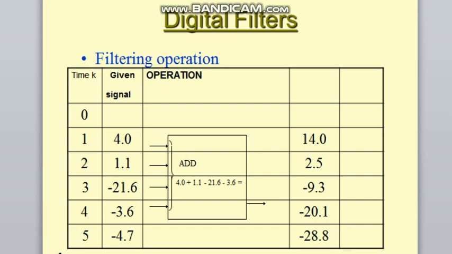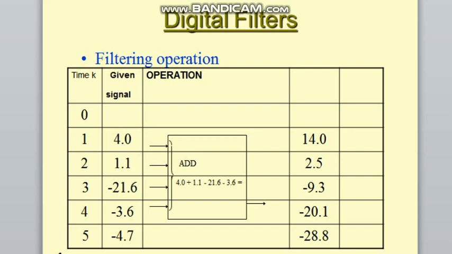So in digital filtering, it's all about bits and bytes and samples. In the filtering operation, the time k is shown here as samples 0, 1, 2, 3, 4, 5.